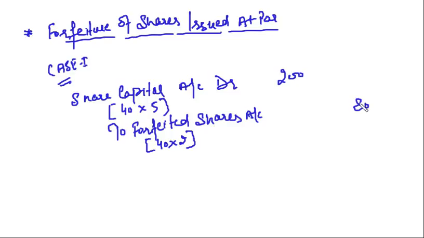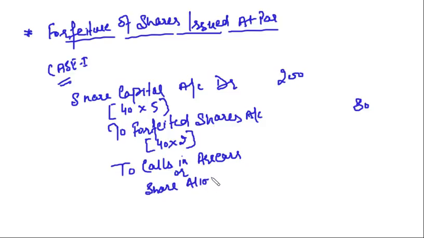Instead, we will transfer it to a separate account known as forfeited shares account. Then to calls in arrears or share allotment account. Right? How much? On 40 shares, you have not received rupees 3, 120.